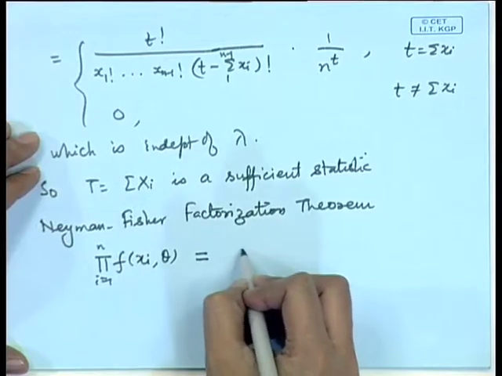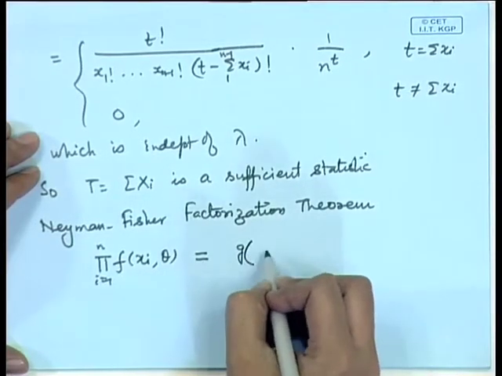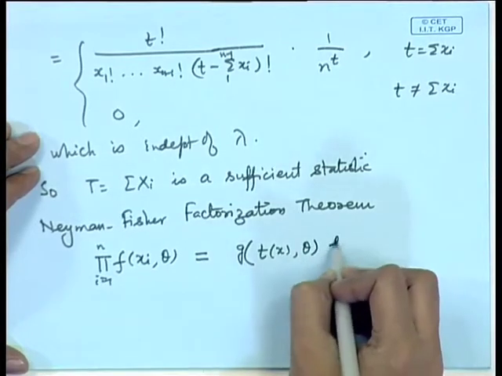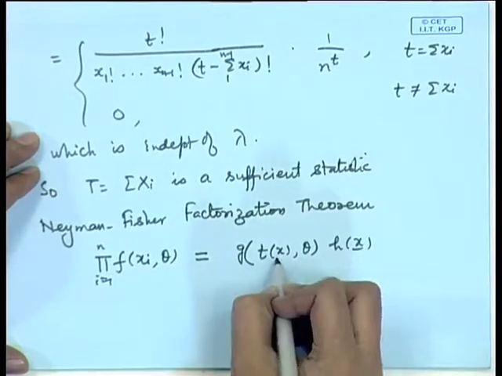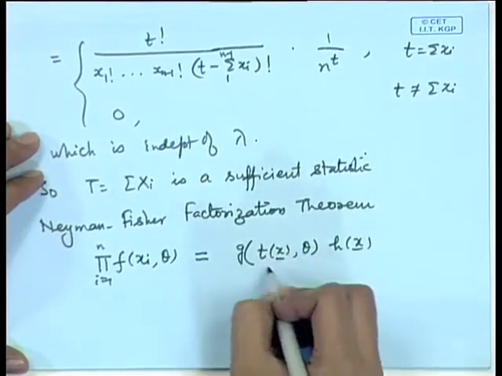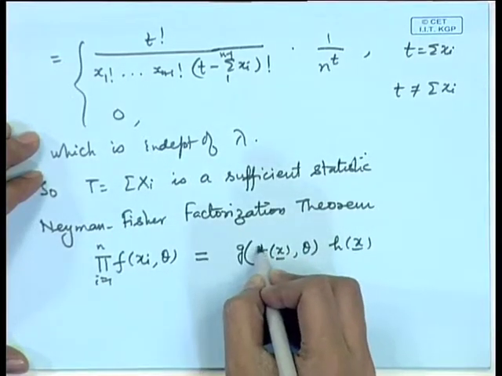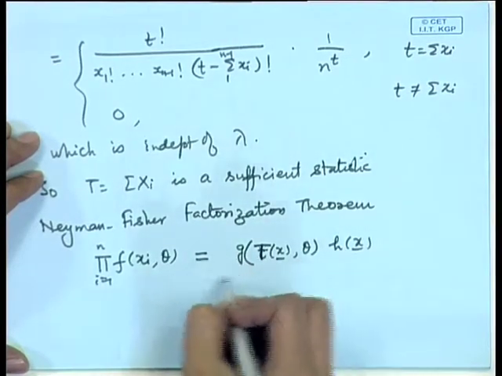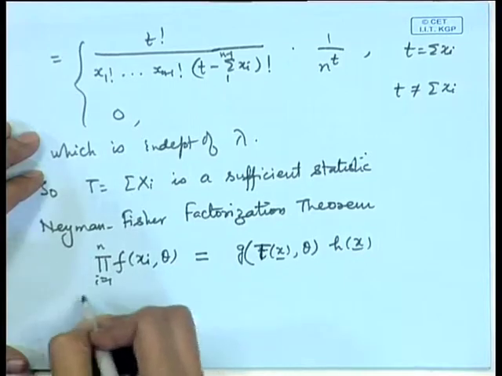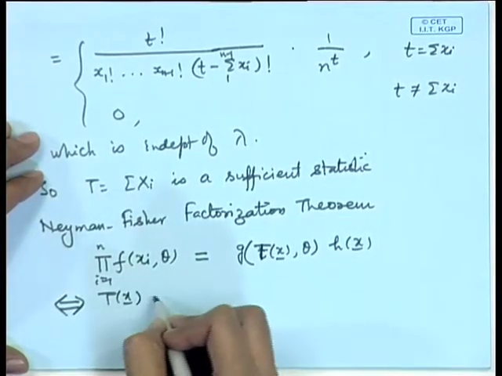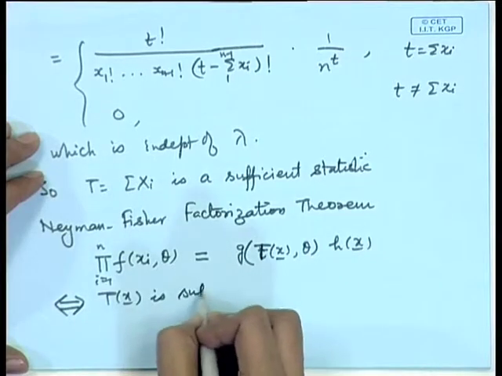If this can be factorized as g(T(x), theta) times h(x), where the first term depends upon the xi's only through T and the second term is free from theta, then we say that this implies and is implied by T(x) being sufficient.